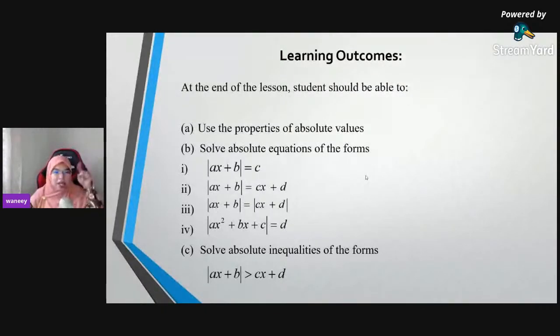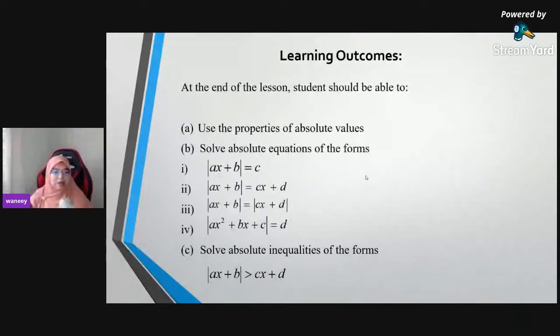For 1, that is a constant, for 2, that is a linear function, for 3, one absolute value equal to another absolute value, and for number 4, one quadratic function equal to a constant.